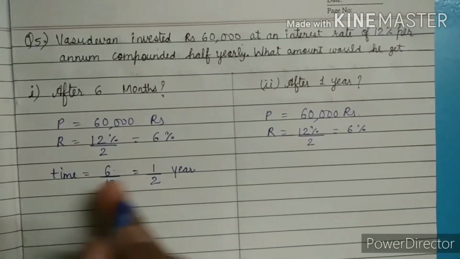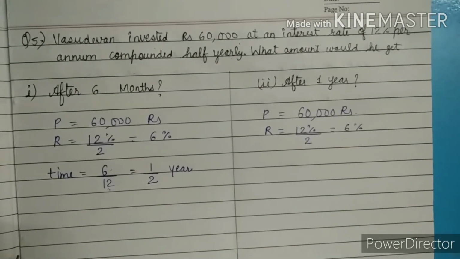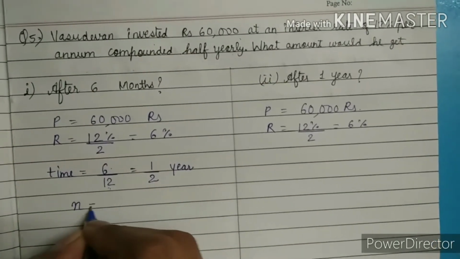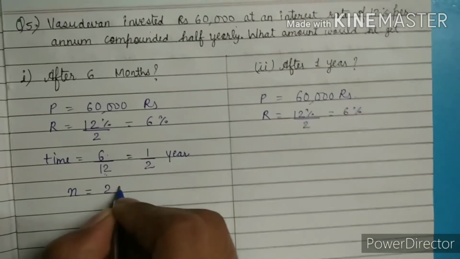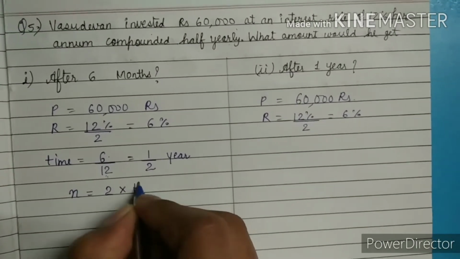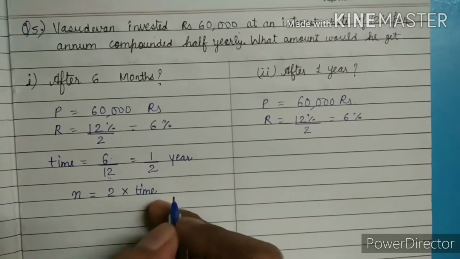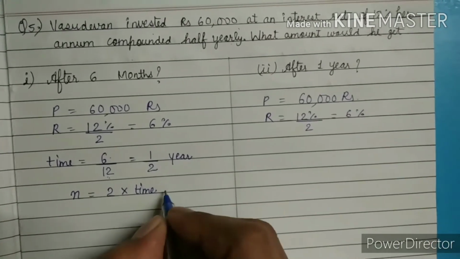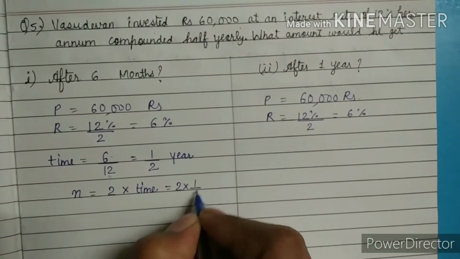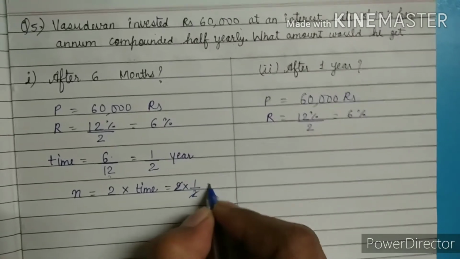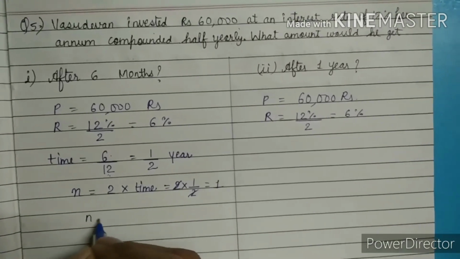Now our time is converted into year. So the value of n will be 2 into time. So 2 into time is 2 into 1 by 2, the 2s cut, and it will give the value of n as 1.